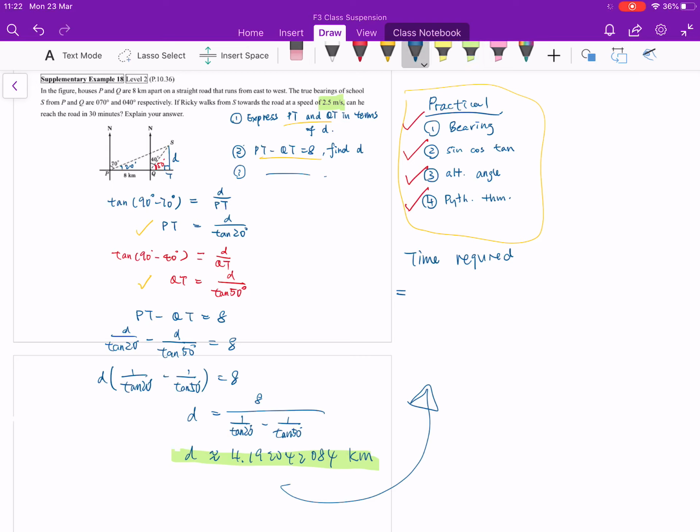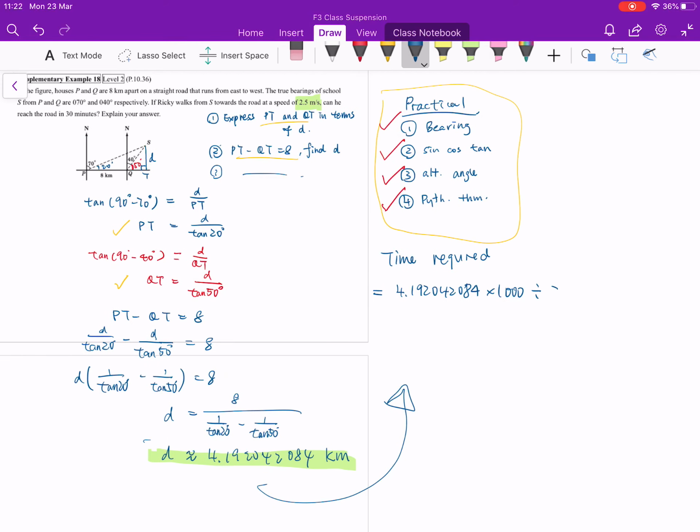Let me convert D, the distance here, back to meter, so times 1000 divided by the speed. So actually this is the time in what unit? You can see that the unit here is S, so in second. And then I want to compare with 30 minutes, so I need to change it back to minutes.